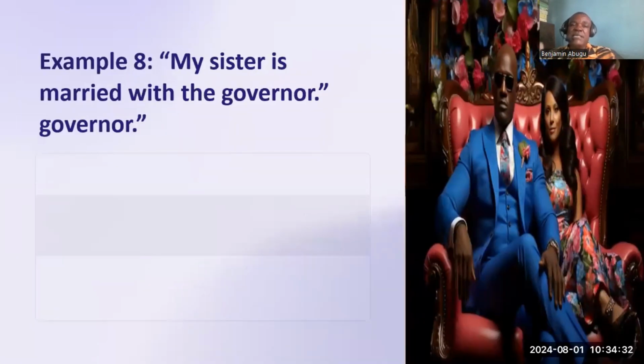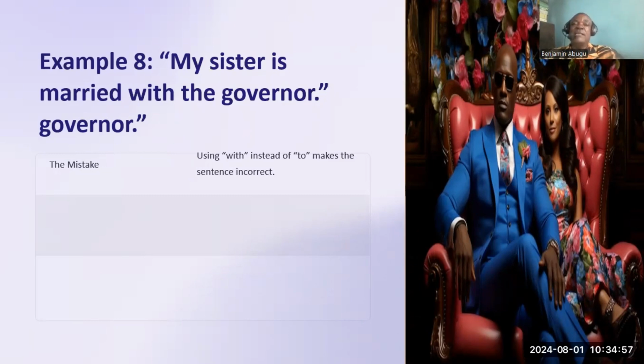Example 8, my sister is married with the governor. What is wrong with this sentence? What is wrong here is with. Using the preposition with instead of to makes the sentence incorrect. Okay? And this is a very common grammar mistake that a lot of people make.